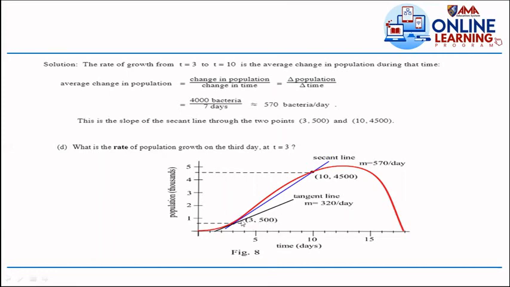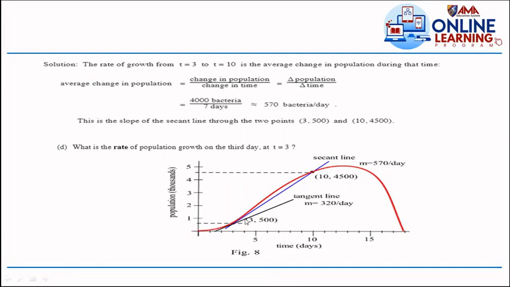Okay? Pag kukunin natin yung slope na dalawa, using our formula, y2 minus y1, 4,500 minus 500, we have 4,000. Okay? 10 minus 3, we have 7. So our slope, that is our secant line, is 570 bacteria per day po. Okay? So na-apply natin yung secant line.